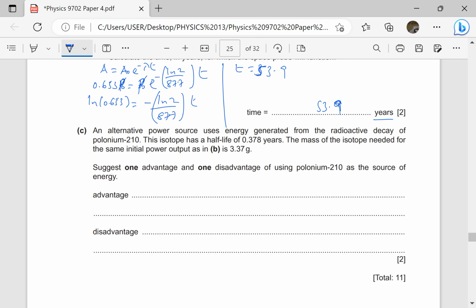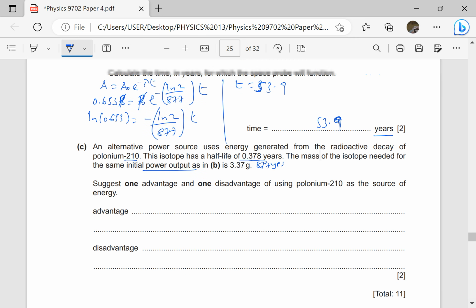An alternative power source uses energy generated from radioactive decay of polonium-210. This isotope has a half-life of 0.378 years, compared with 87.7 years. The mass of the isotope needed for the same initial power output is 3.37 grams.